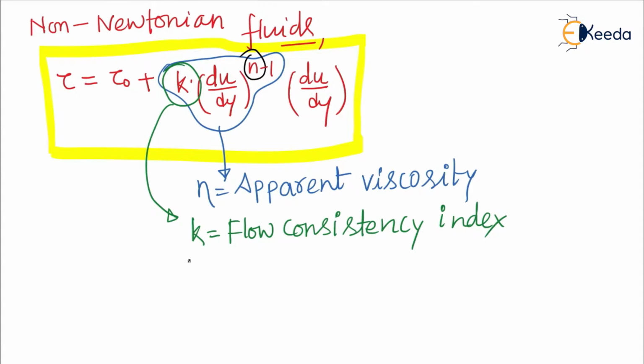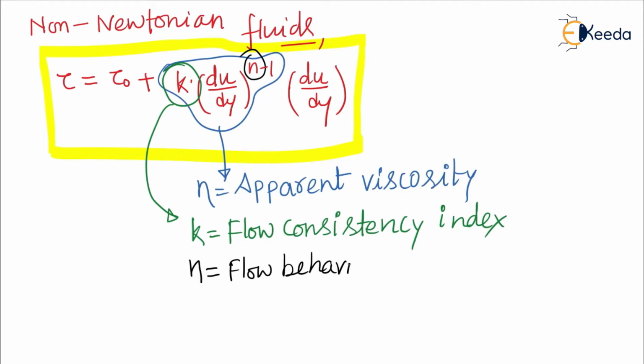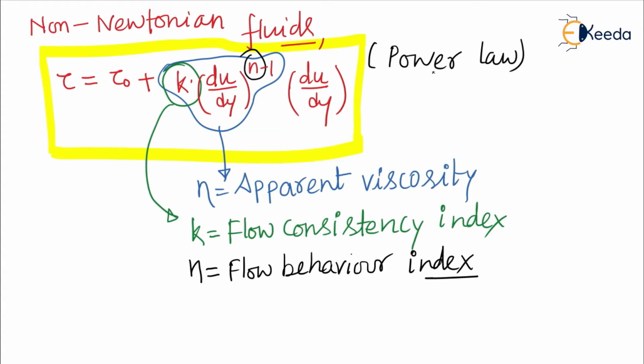And there is one more term, that is this n. So what is this n value? There is a difference between eta and n. This n value is known as flow behavior index. So basically this law is known as power law.